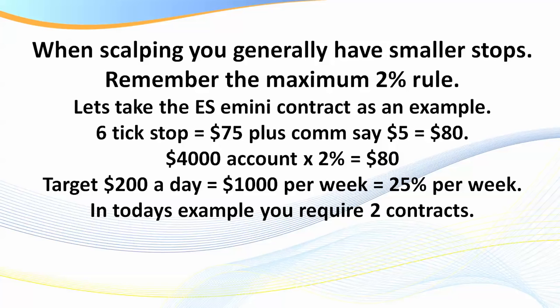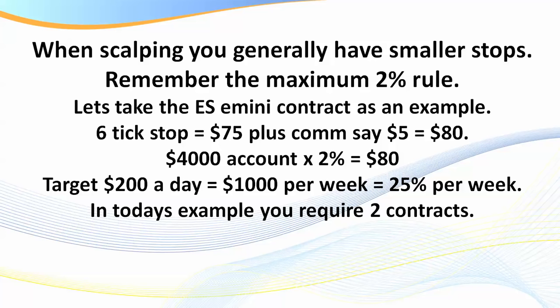Now, a big advantage you have when you're scalping the market is smaller stops. I have a rule, and all of my students and members are very aware of this, that we have a maximum of 2% exposure in any one trade. I trade with a maximum of 0.5%, so it allows me to add to a position.